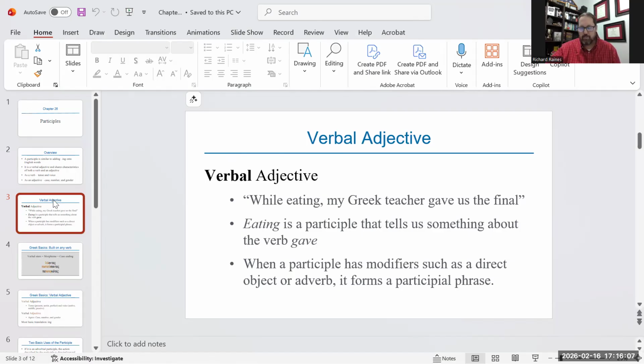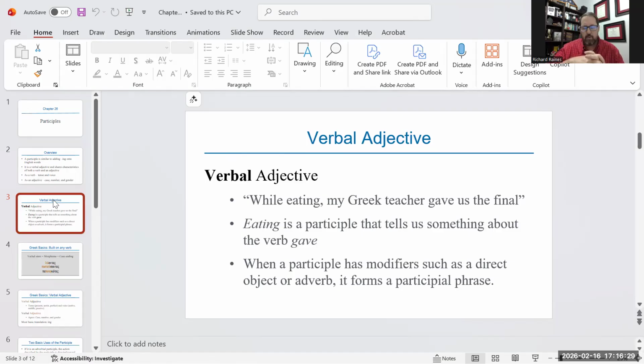So just like prepositional phrases, you'll be able to pick out participial phrases. And again, this chapter is just sort of a general 30,000 foot view of participles. And starting with the next chapter, we'll jump into the specific participles that you'll have to know for this course.